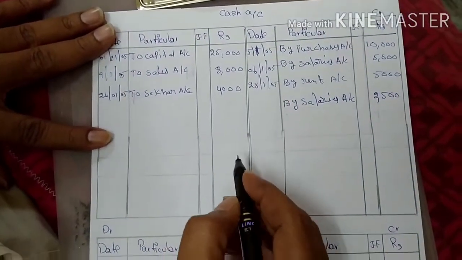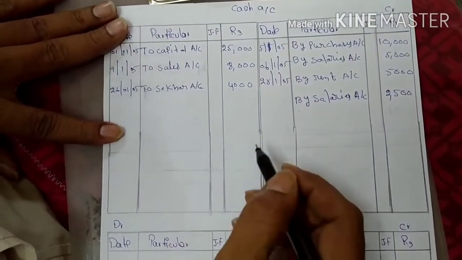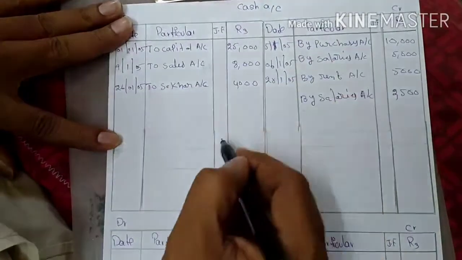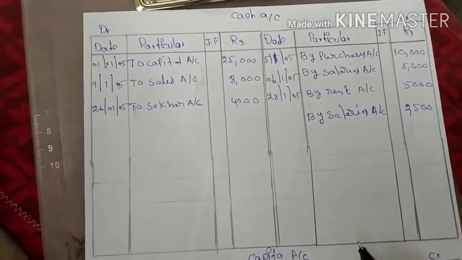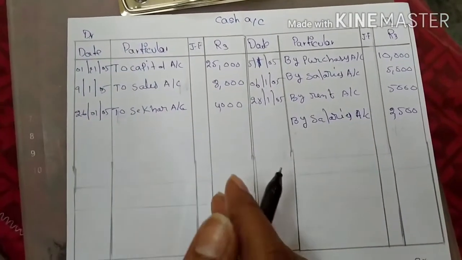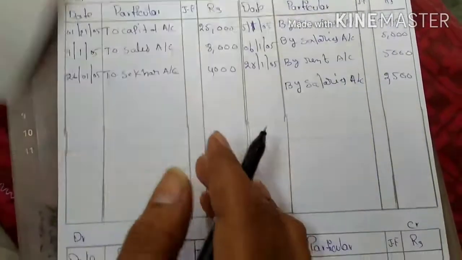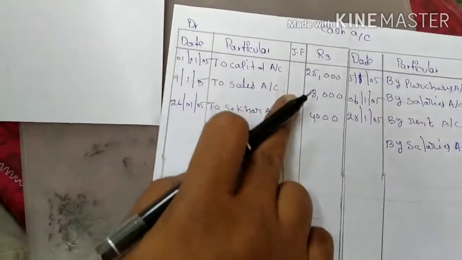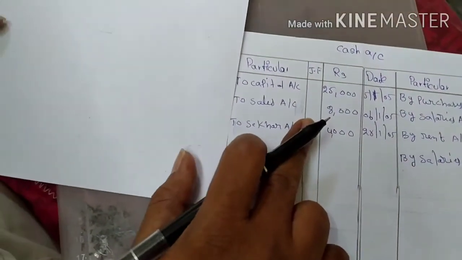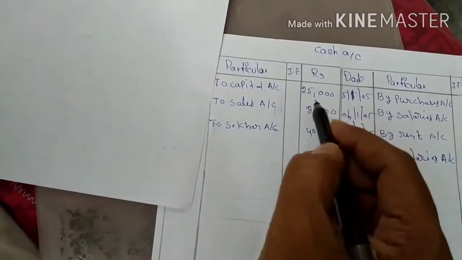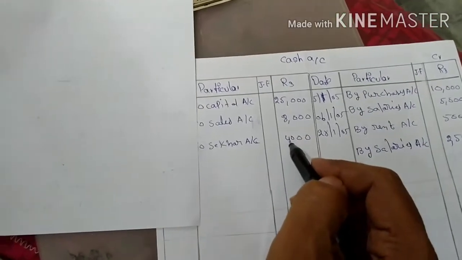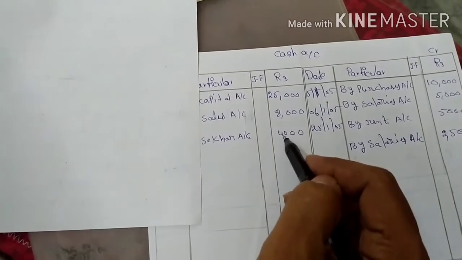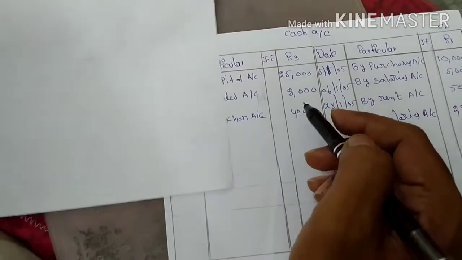Then we need to go for the totals of both sides. On the left side, the total is 25,000 plus 8,000, 33,000, plus 4,000, 37,000 rupees.